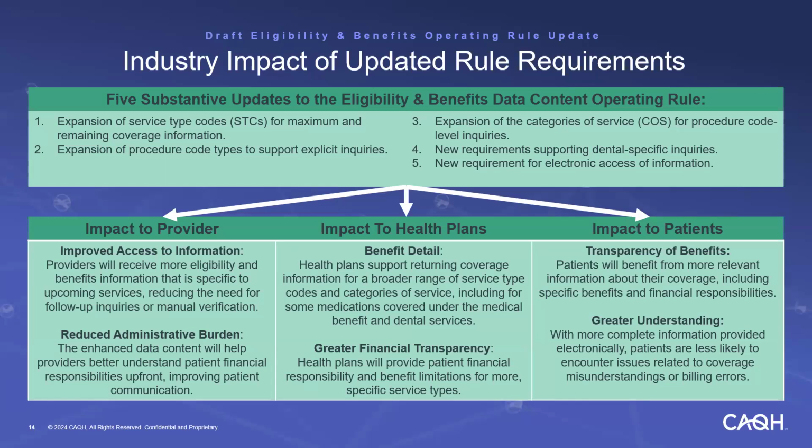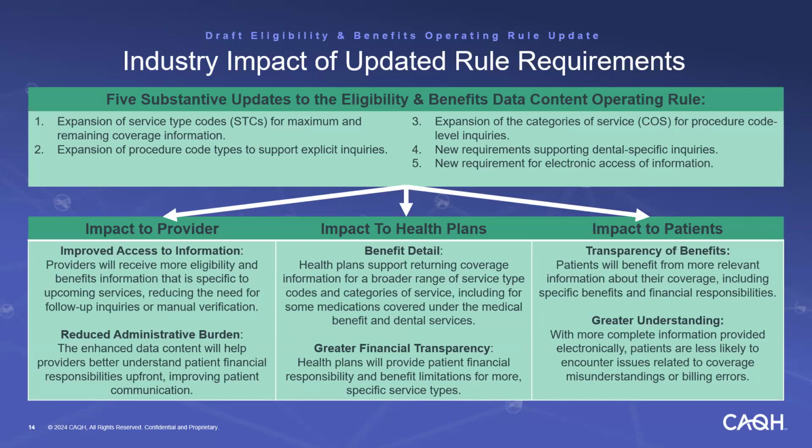On the table at the top, in version 2.1, we have the expansion of service type codes to communicate maximum and remaining coverage information, the expansion of procedure code types to support explicit inquiries, and the expansion of categories of service for those procedure code level inquiries. All of these are concepts that already exist in version 2.0 of the rule. We are just expanding them in version 2.1.